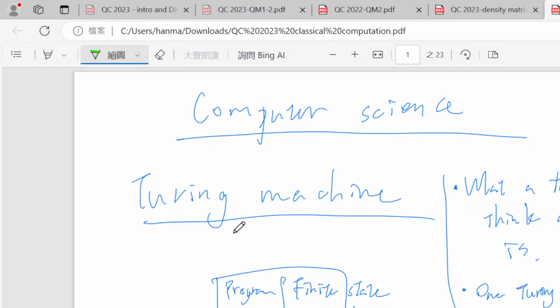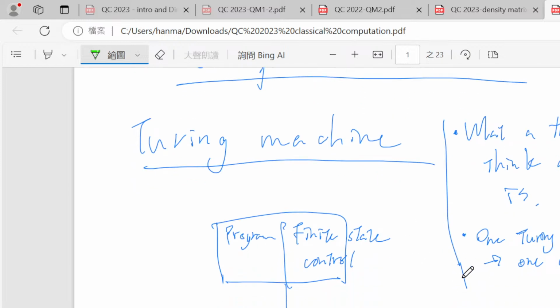We build computer science from the most basic concept, the Turing machine, the most idealized version of a computer. Historically, people thought about the Turing machine before we actually had modern computers, which is pretty cool.